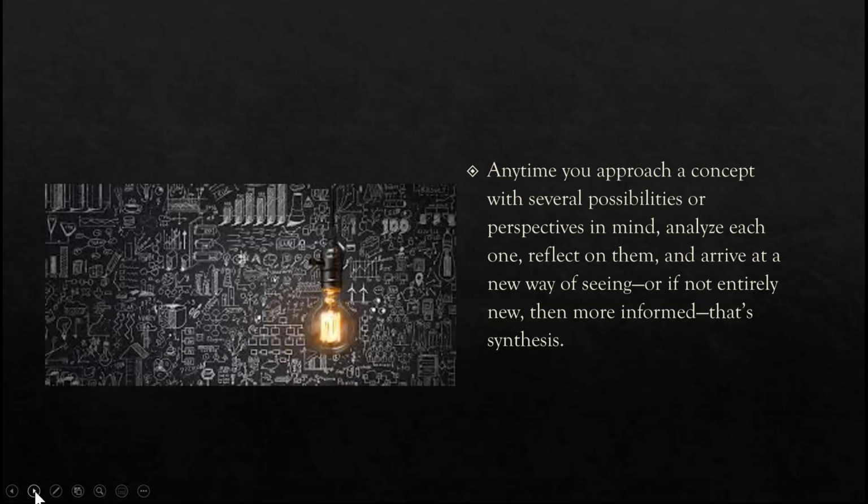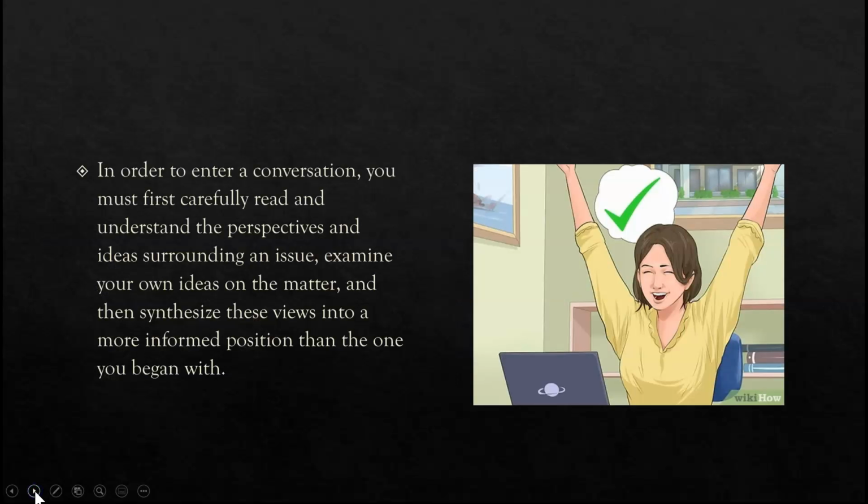Anytime you approach a concept with several possibilities or perspectives in mind, analyze each one, reflect on them, and arrive at a new way of seeing, or not entirely new, then more informed, that is synthesis. So anytime you are taking existing information and using it to create your own, if not new, more informed argument or opinion on something.